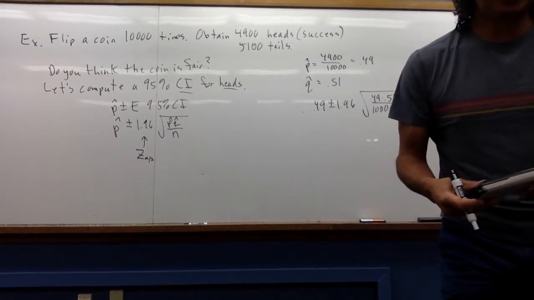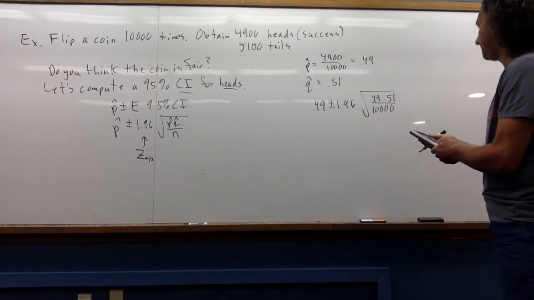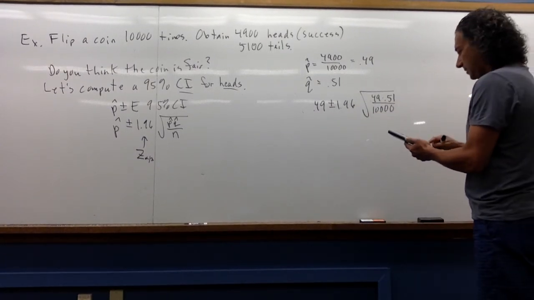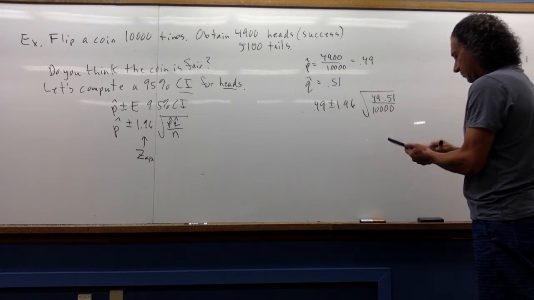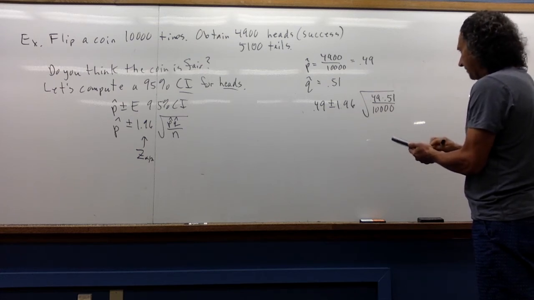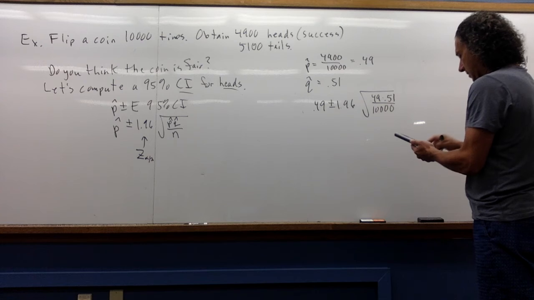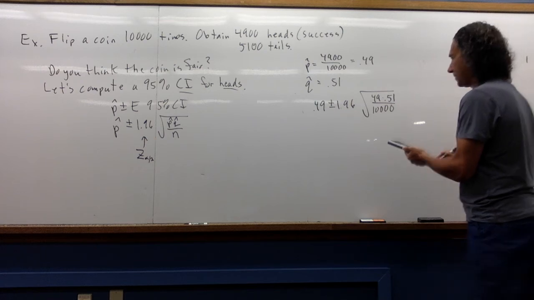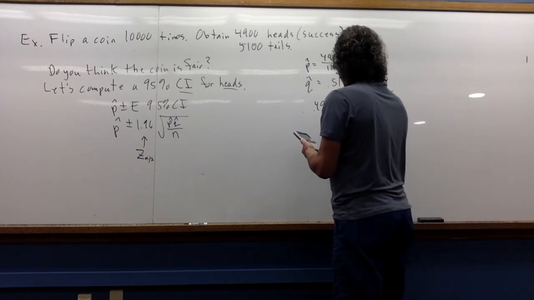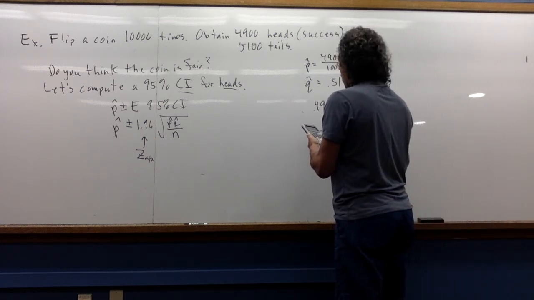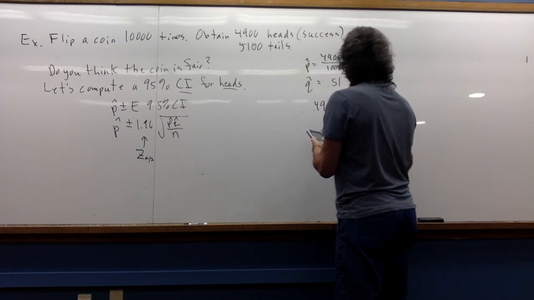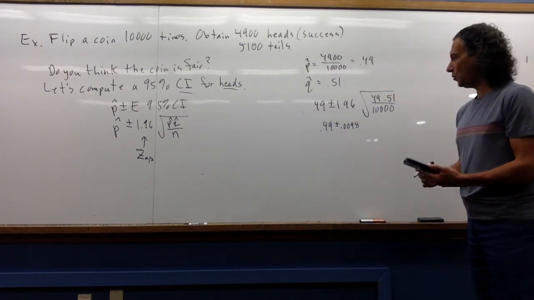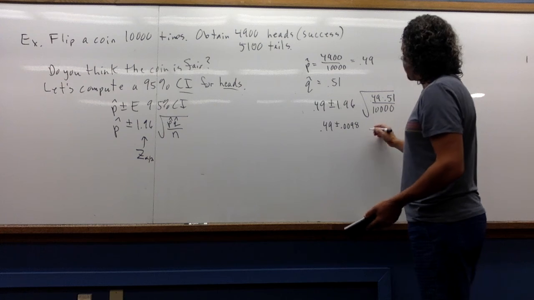Let's see what this winds up being. We have 0.49 times 0.51 divided by 10,000, all raised to the 0.5, times 1.96. And we get 0.49 plus or minus 0.0098. Ooh, so close.